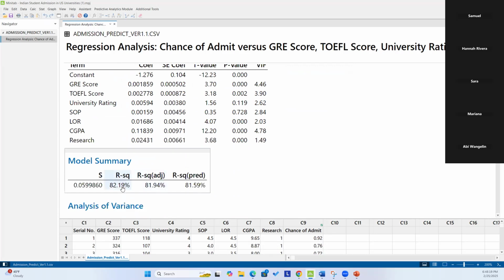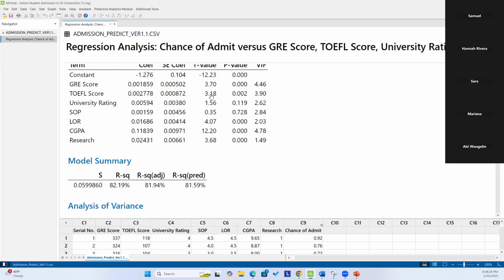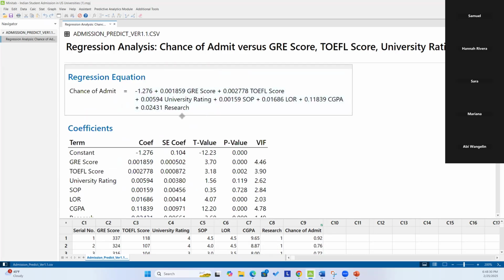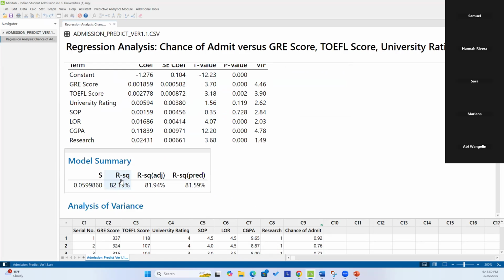So this is the cause. 80% of chance of admission can be explained by these factors. Basically this is the effect and these are the causes. So 82% of the effect is due to these causes. Is it making sense?